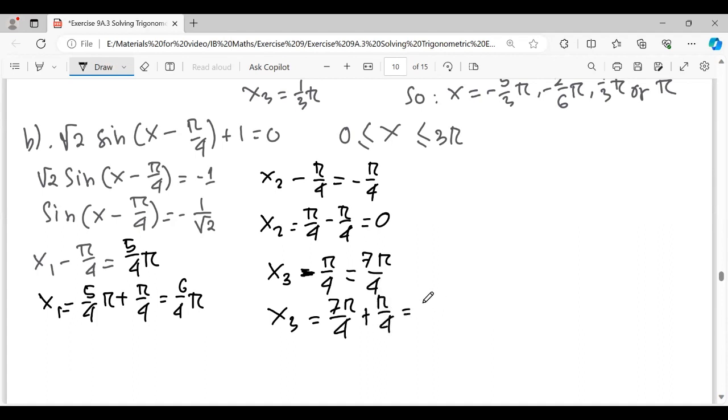It is 2 pi. So x values are 0, after that 5 over 4 pi, or 2 pi.